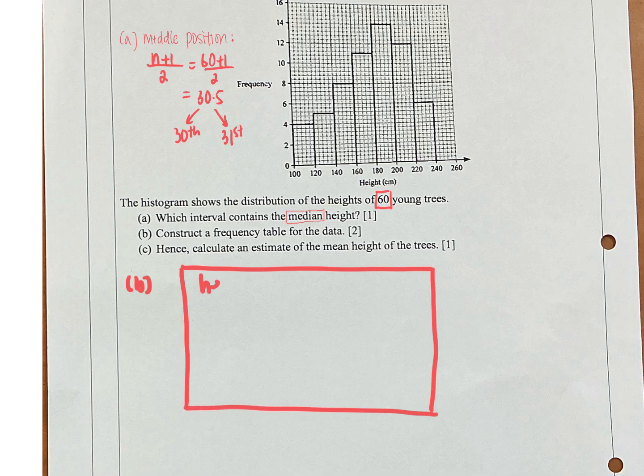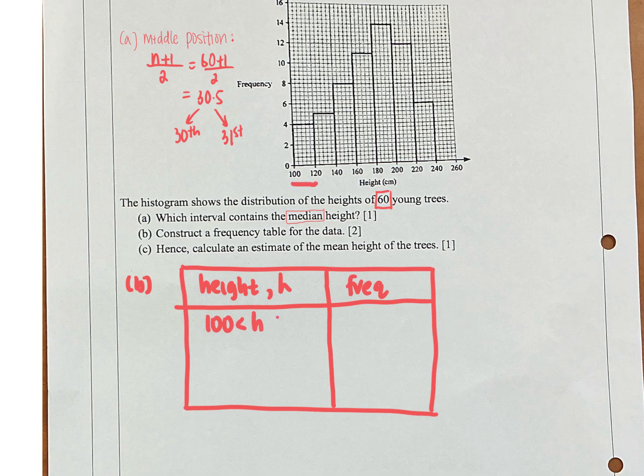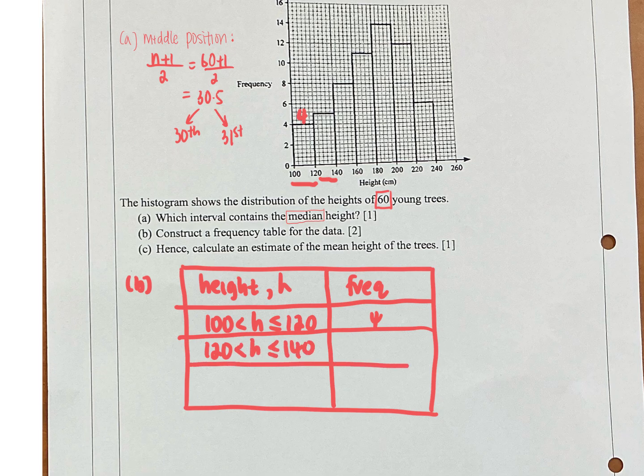Right, so the first one is height. You can let it be H or X, any letter you want. Then this one is frequency. So for the height between 100 to 120, okay, remember the second inequality got equal. There's 4 of them. So that's the first one. Then the next range is from 120 to 140. The second one has equal sign. And there's a total of 5 of them.